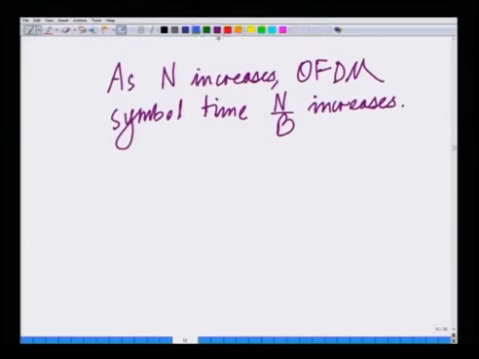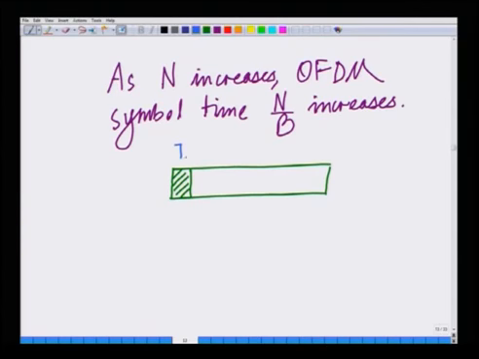Hence what we essentially have is, let us say we have an OFDM symbol, and this is the OFDM symbol time, and this is the delay spread, which is affected by the intersymbol interference. This is the intersymbol interference affected part.